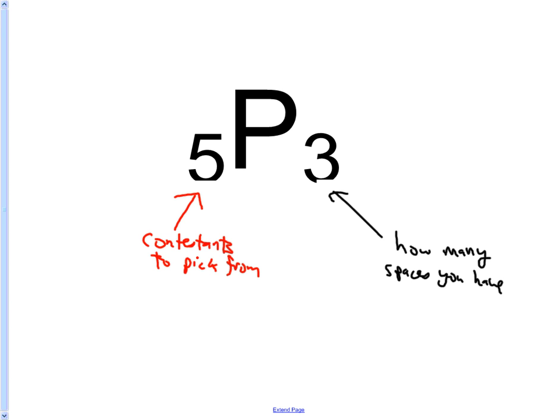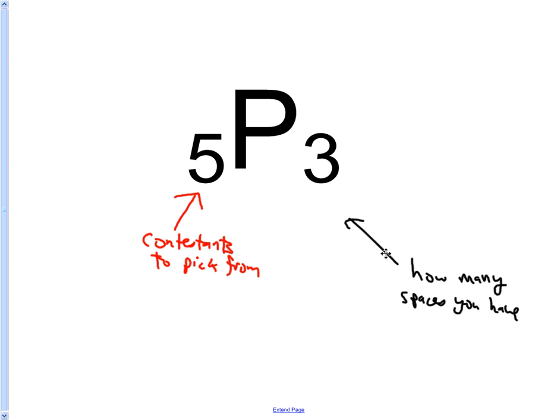So if this was 5P3, that could mean, for instance, that I've got 5 people running a race and there's 3 places that they could come in. All right? And P versus C is just the difference between permutation and combination, which is one, the order matters, the P, and the other one it doesn't. Okay.